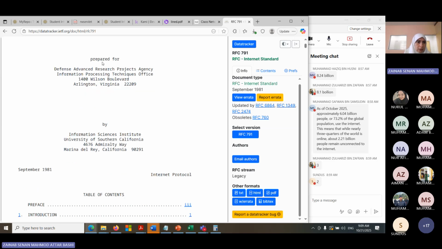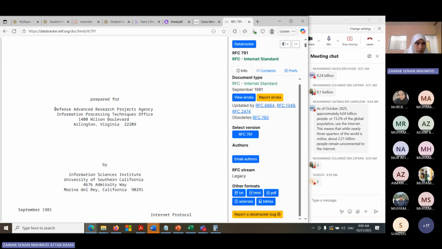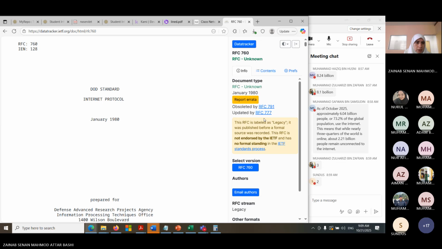You see, IPv4 was proposed in Virginia in 1981. Later it was updated until it became RFC 760, and the Internet Protocol became a standard.